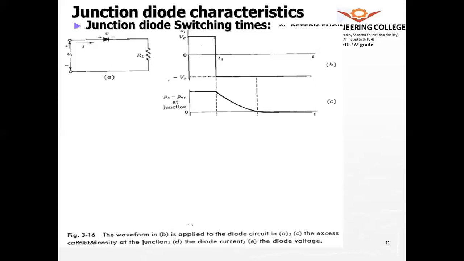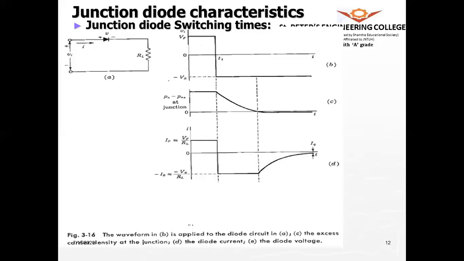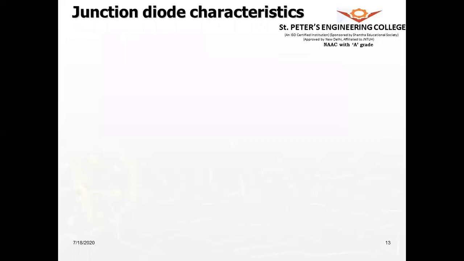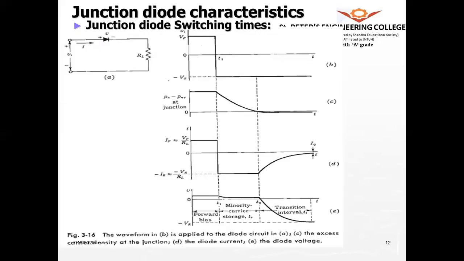So this is the built up. The excess charges that have crossed over the junction are represented in this graph here. After the voltage has reversed from the forward bias to the reverse bias, the charge density goes on decreasing.